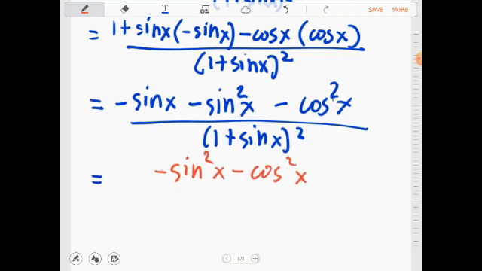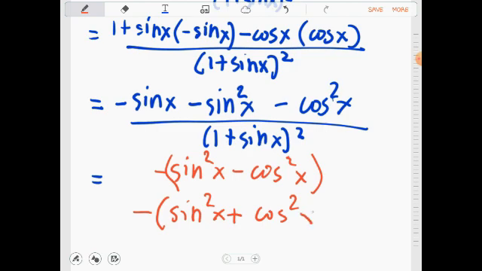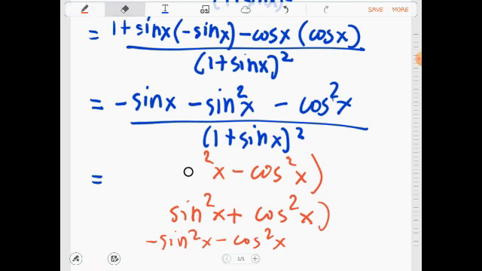Di ba kapag nilabas ko yung negative dito, this should be equals to negative quantity sine squared x plus cosine squared x. Kasi pag minultiply ko siya dito, this will give us negative sine squared x, negative cosine squared x naman. Diba? So, ngayon, gagawin ko dyan, ipapasok ko siya sa parentheses para maging plus siya.